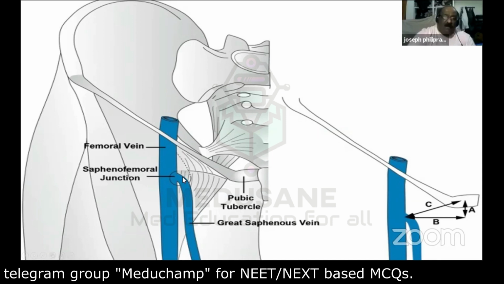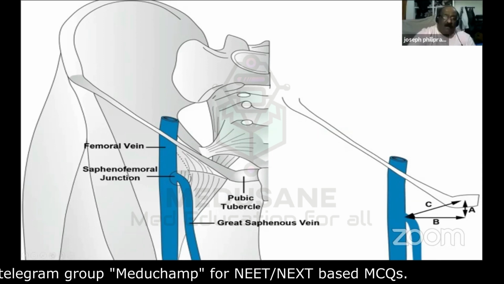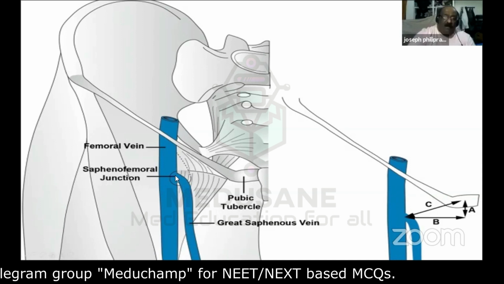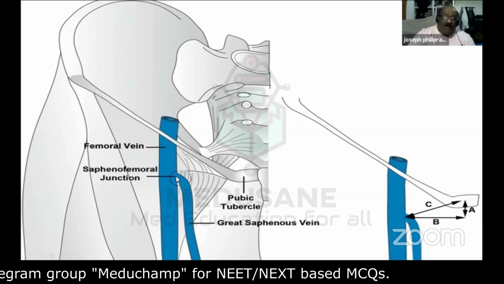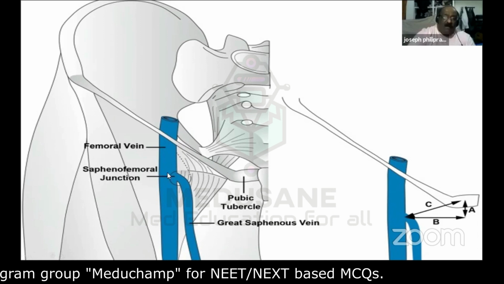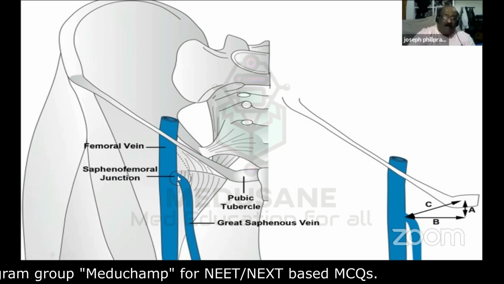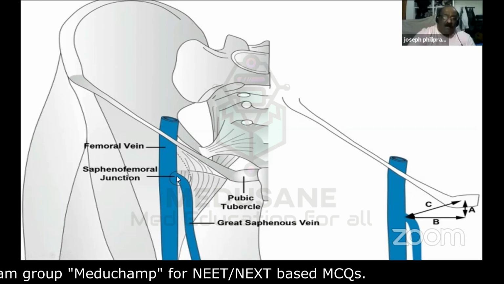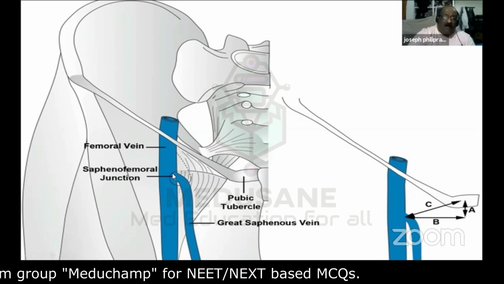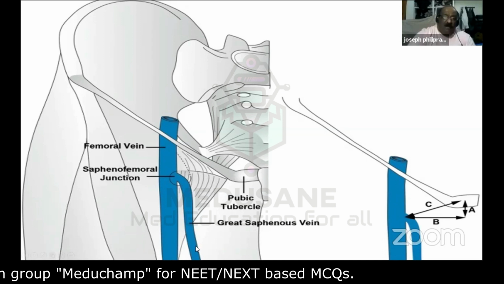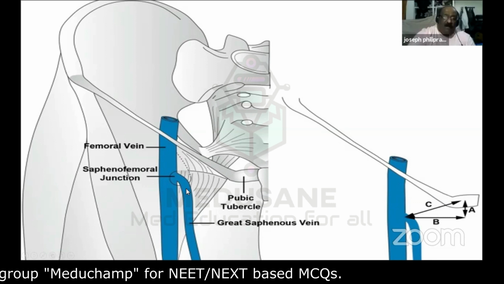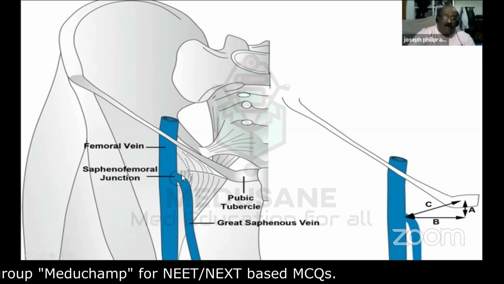If the veins do not become prominent, that means it was due to the saphenofemoral junction or the valve abnormality. The saphenofemoral valve is incompetent. But when they stand and you release the pressure, suddenly you see the flow of blood into the superficial system, which indicates that the saphenofemoral valve is the culprit causing the reflux.